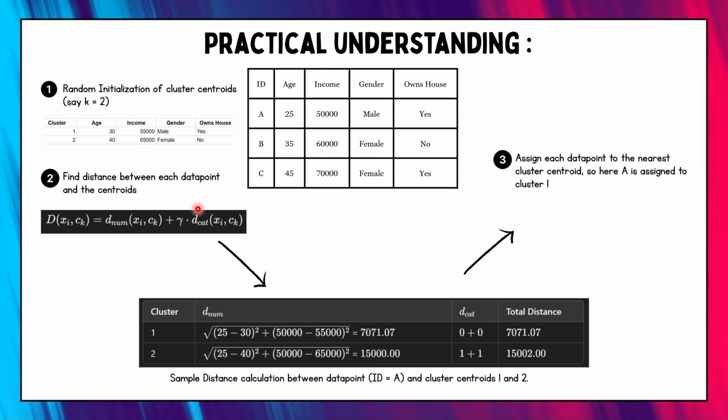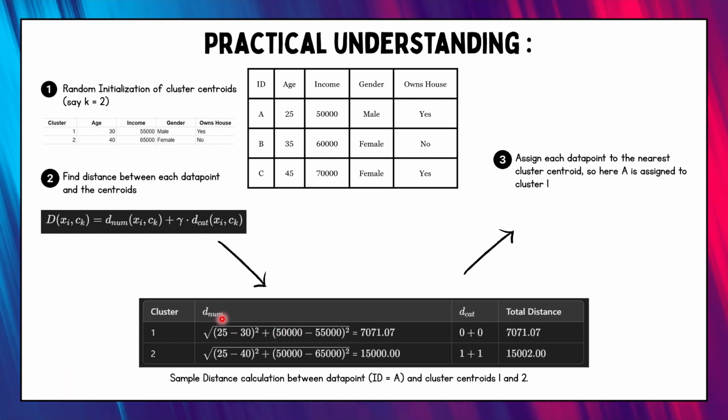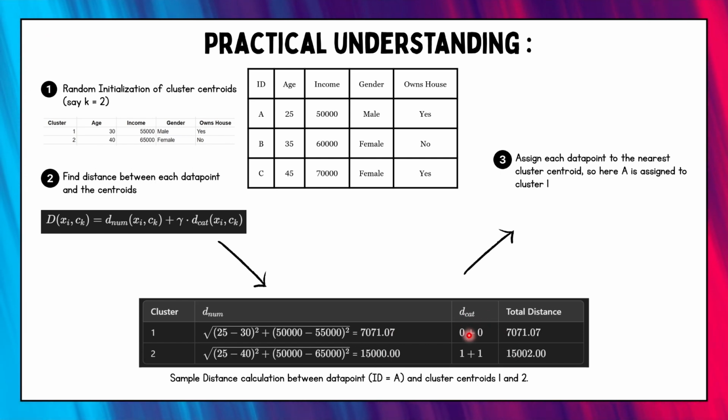So here I've shown a sample distance calculation between data point A and these two centroids. Don't worry if the values don't match, okay? You can see that for the numerical part we did a Euclidean distance calculation, and for the categorical part we did a Hamming distance calculation.